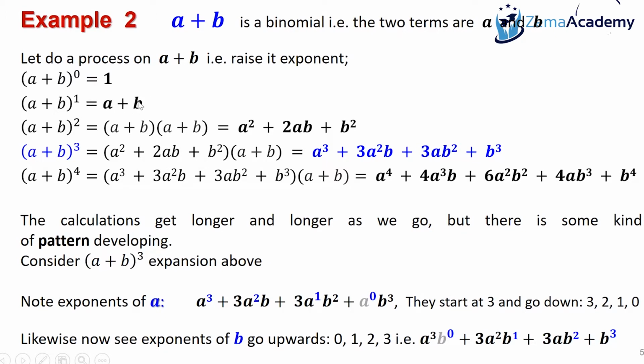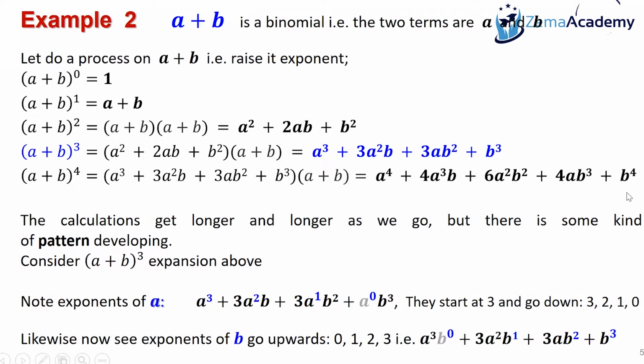So here the power of b is 1. When a plus b whole square, the power has increased to b square. A plus b whole cube, the power of b is increased to b cube. And in case of a plus b whole to the power 4, the power of b is b to the power 4. Similarly, if I had a plus b whole to the power 5, the last term, which is b, would be b to the power 5.